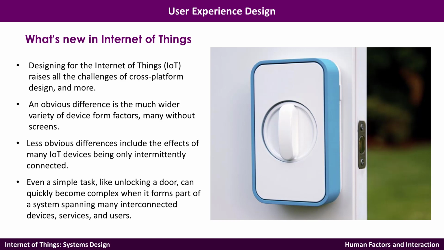For example, a simple task such as an internet-connected door lock becomes a complicated programming and development task when there are multiple components that need to interact with each other in order to make the application work.